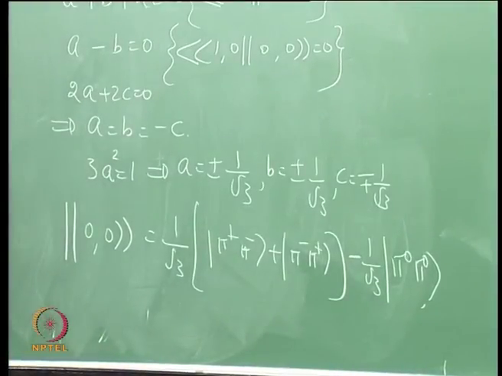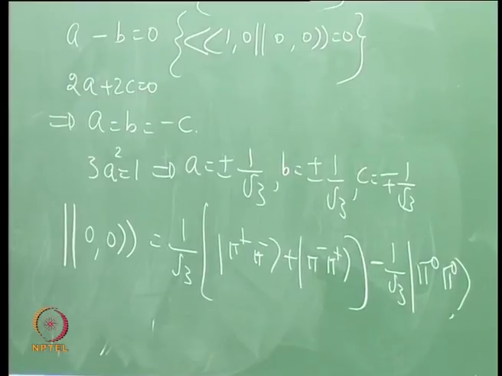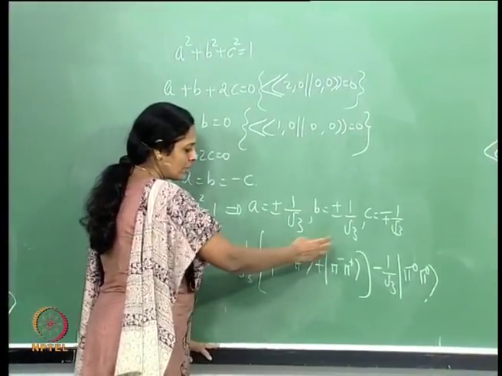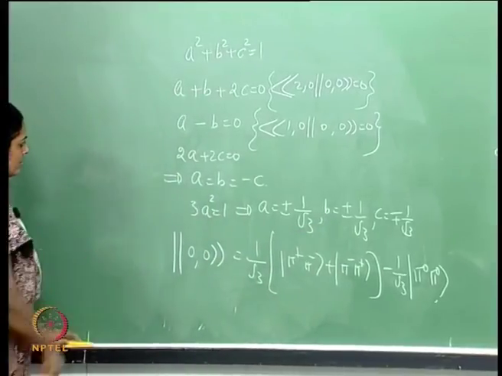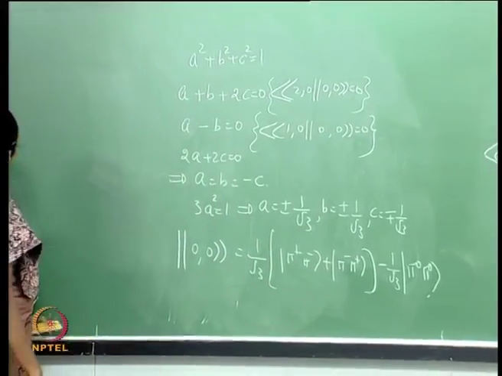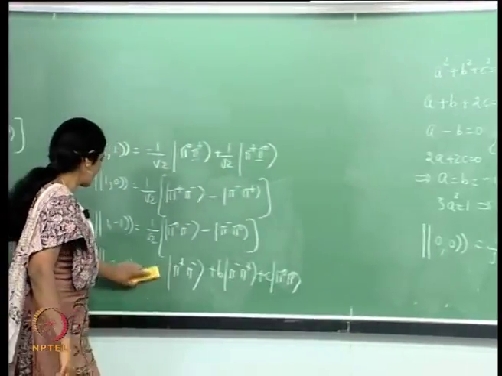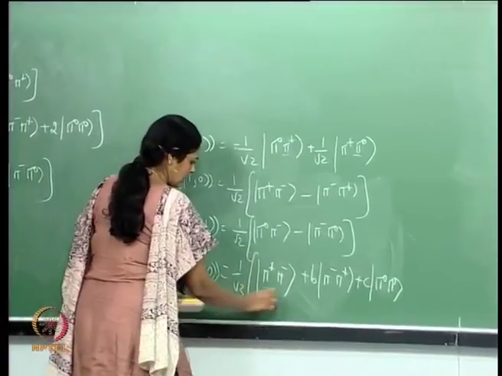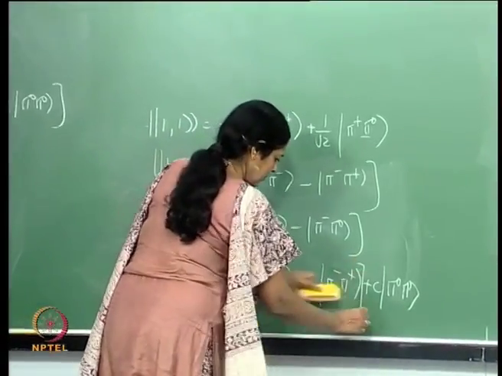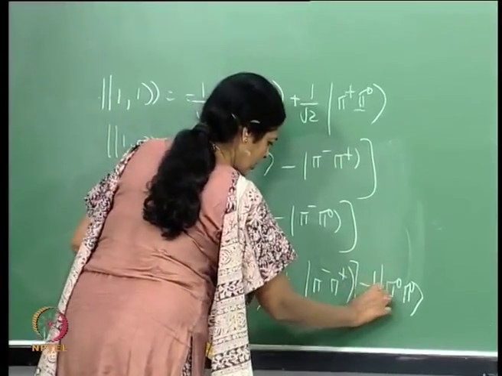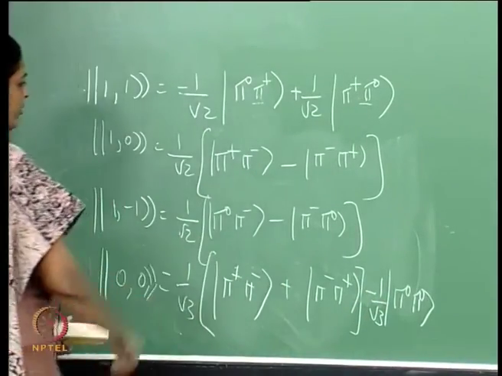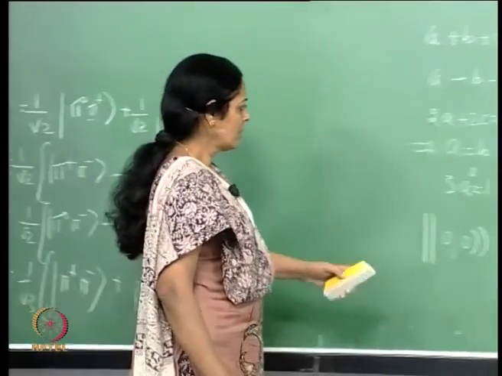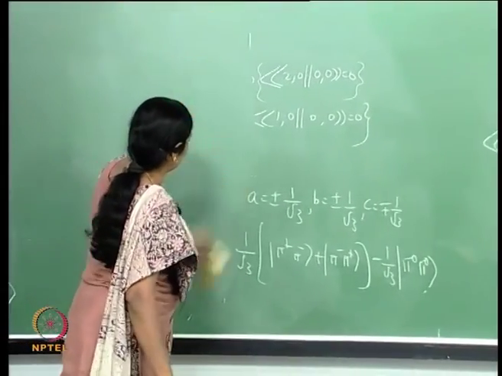This is again a symmetric state, symmetric under interchange of the third component of isospin term by term. So this is 0 comma 0. That is a minus 1 by root 3 here. I have now listed out all the states and now we have the following observations to make.